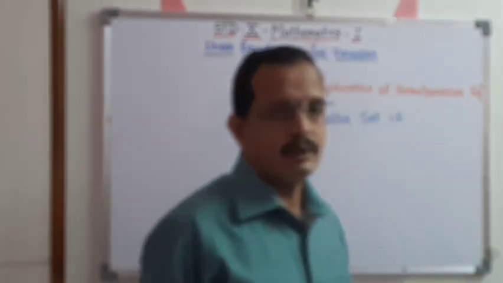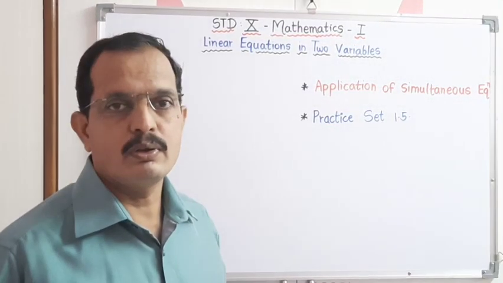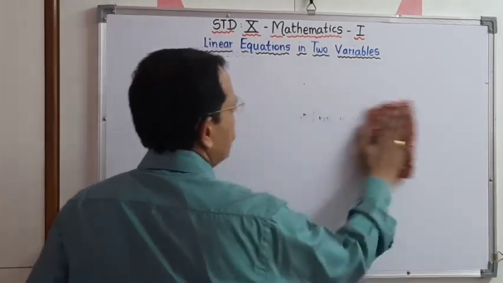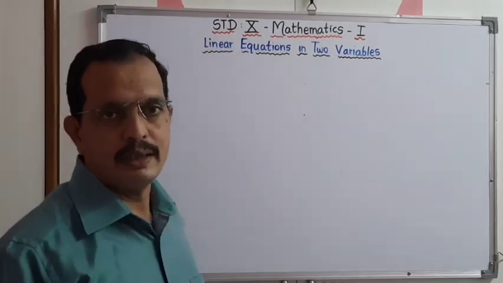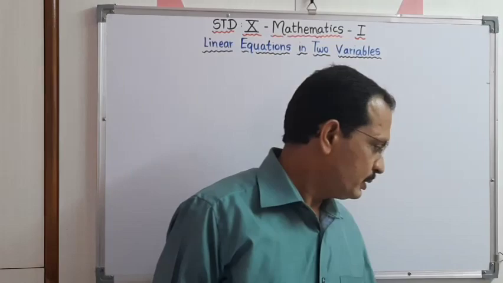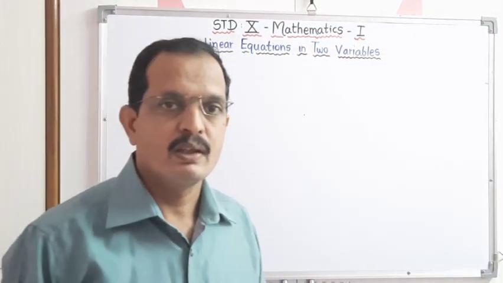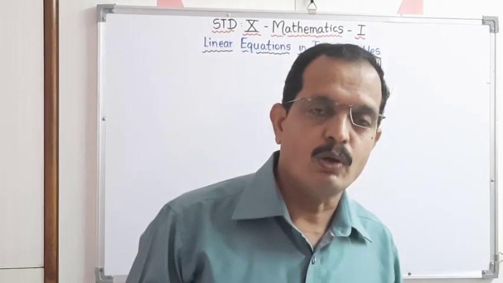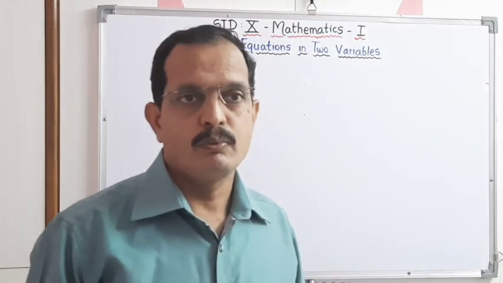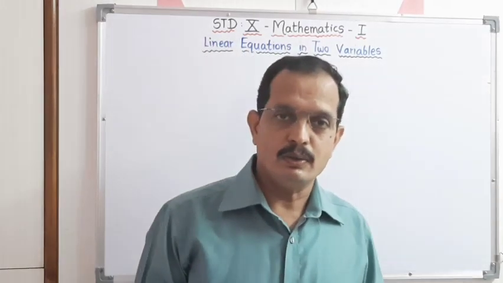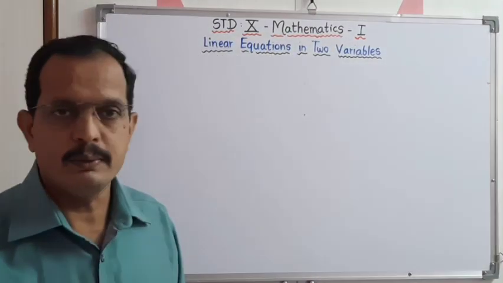There are various types of word problems. Some questions are based on age, some are based upon numbers, 2-digit numbers or natural numbers. For that purpose, what we have to know, that we have to learn today.